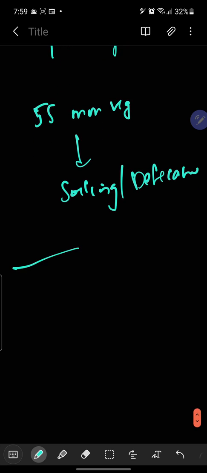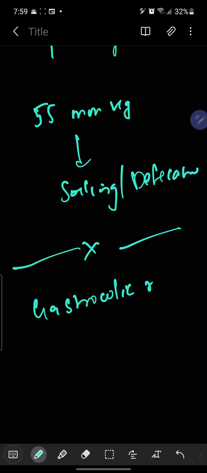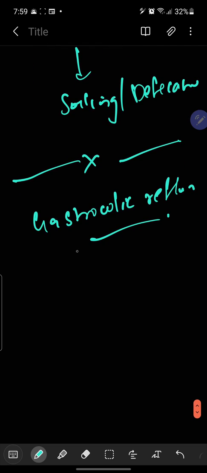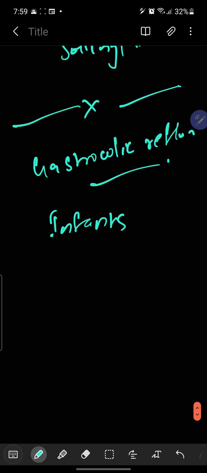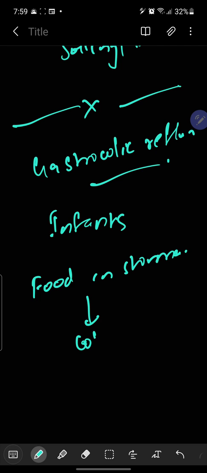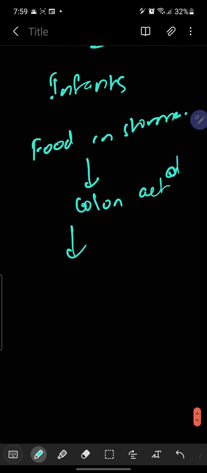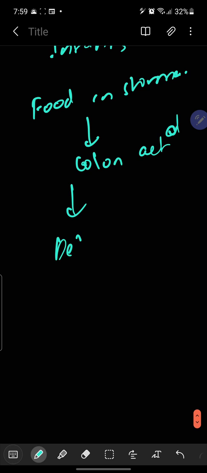Now, what is the gastrocolic reflex? It is mainly seen in infants. When food is in the stomach, the colon gets activated and defecation occurs.